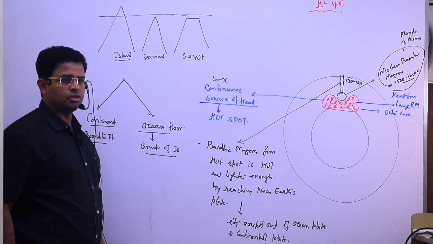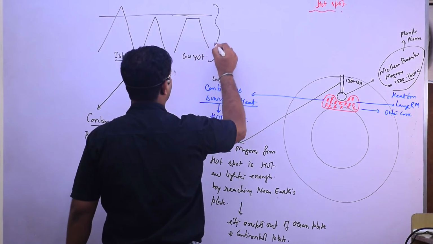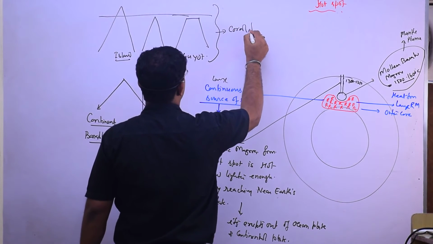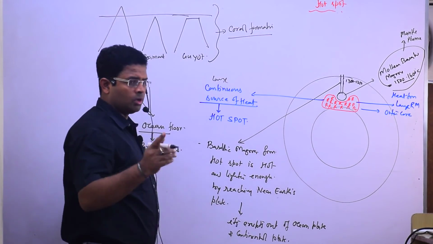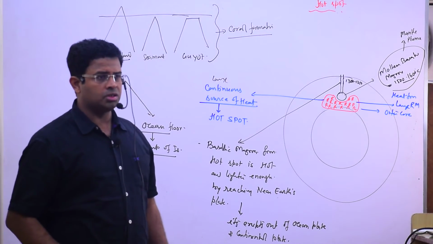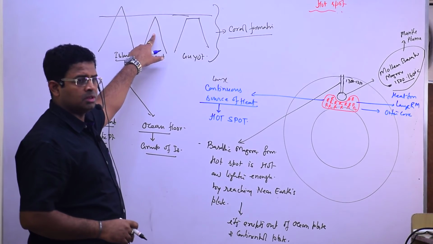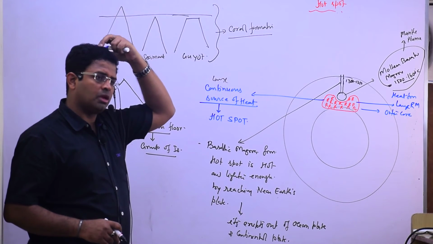The major feature, when we study oceanography, is where coral formation takes place. One example I gave in the last classes: on the Lakshadweep there is a submerged island, a seamount, and on this seamount there is a formation. Lakshadweep is also formed by which one?